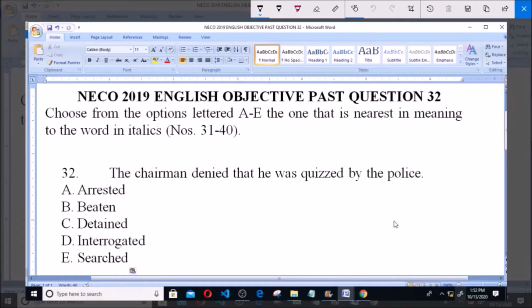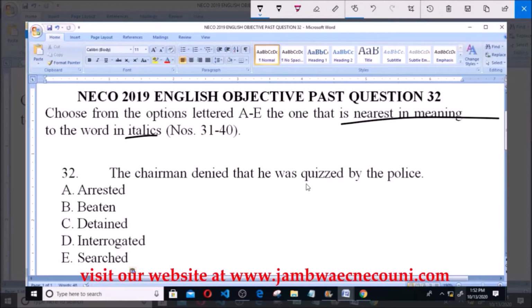Welcome. This is NECO year 2019 English objective past question. Question number 32. And to this question, the instruction says choose from the options lettered A to E the one that is nearest in meaning to the word in italics. Then the italicized word here is squeezed.